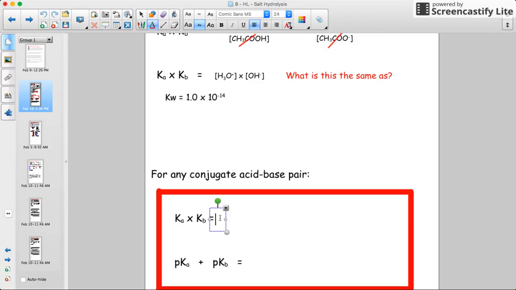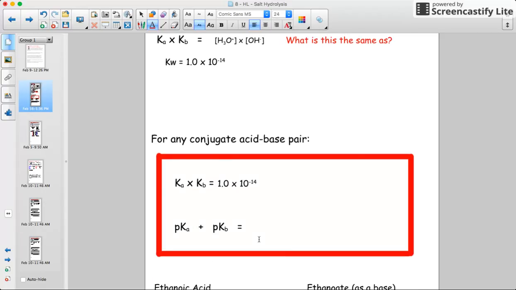For any conjugate acid-base pair, when you multiply Ka and Kb together, it always has to equal 1 times 10 to the minus 14. And that also means that if you take the negative log base 10 of both sides and you get pKa's and pKb's, they have to add up to 14, just like pH and pOH always had to add up to 14.